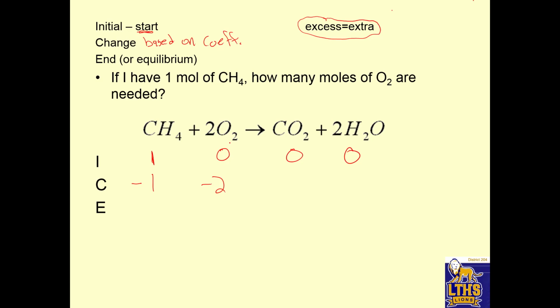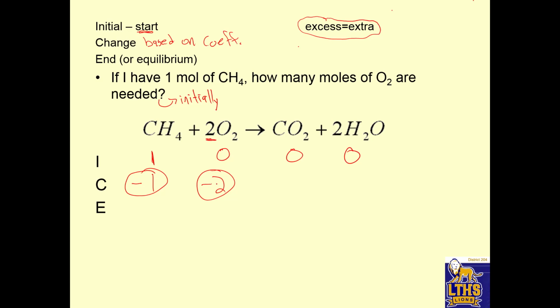This is the hardest question. Doesn't it mean I started with that? So if one of these is going to change, I need twice as much of this to change. So really what says how much is needed, that really means I could say how much is needed initially.